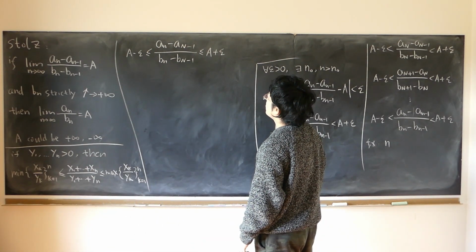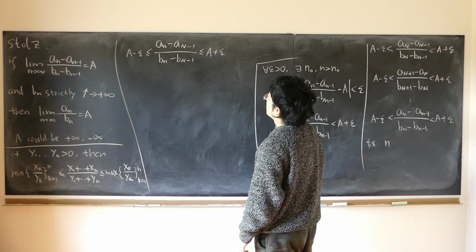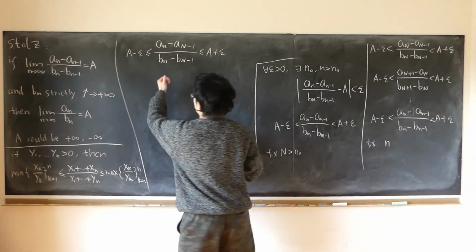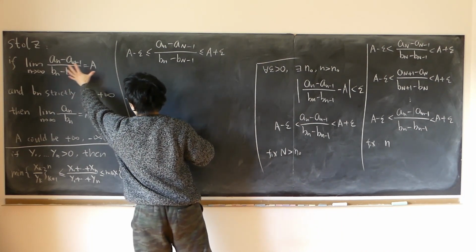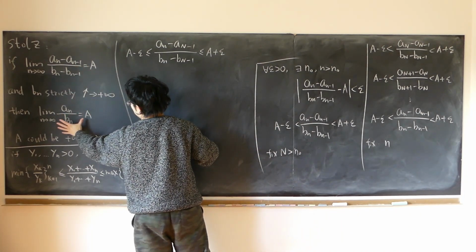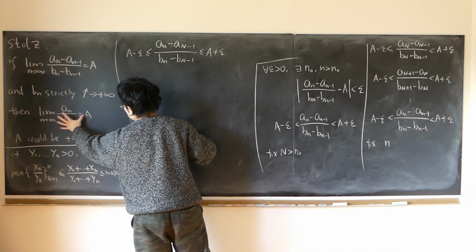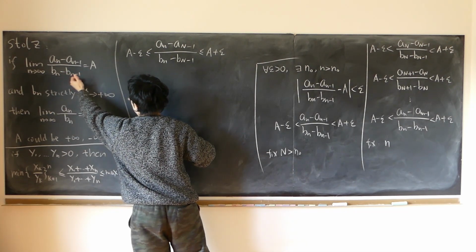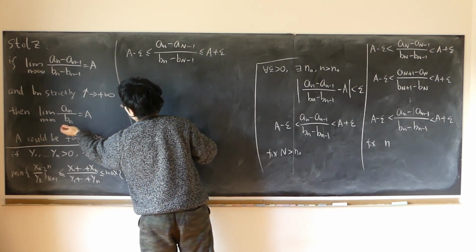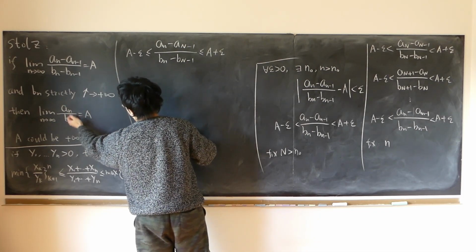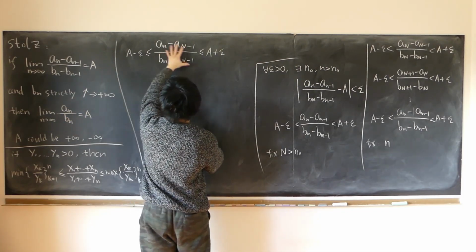Now, since that's true, how can we translate this limit into this limit? We want to work out this limit. All I have to do is divide everything by bn here.